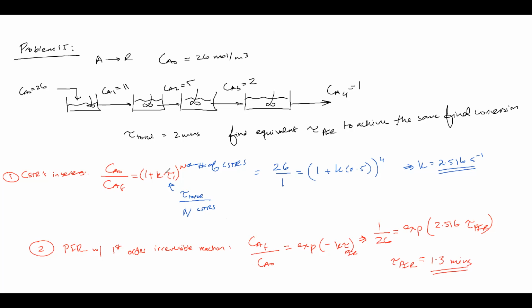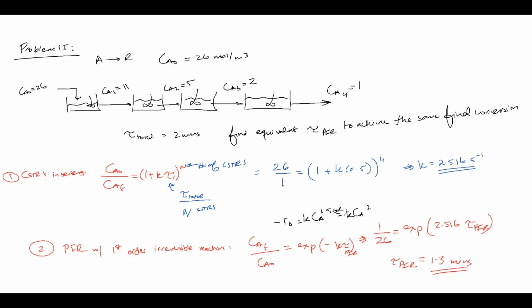So if I give you CA naught over CAF equal to 1 plus K tau I, or I tell you I have 5 CSTRs in series with these concentrations and a second order reaction, or a reaction rate of minus RA equal to K CA to the 1.5, or K CA squared, it doesn't matter.